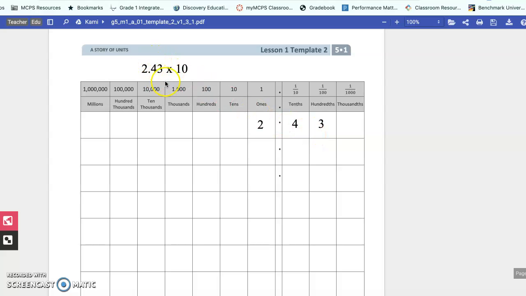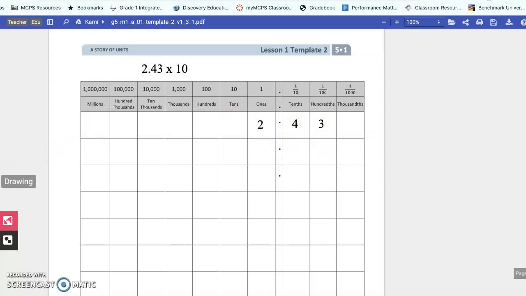I am going to take 2 and 43 hundredths and multiply it by 10. Now, when I multiply 2 and 43 hundredths by 10, what I am doing is taking each of these digits and multiplying them by 10.